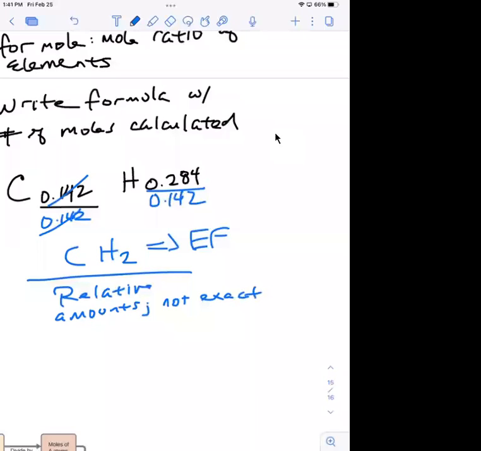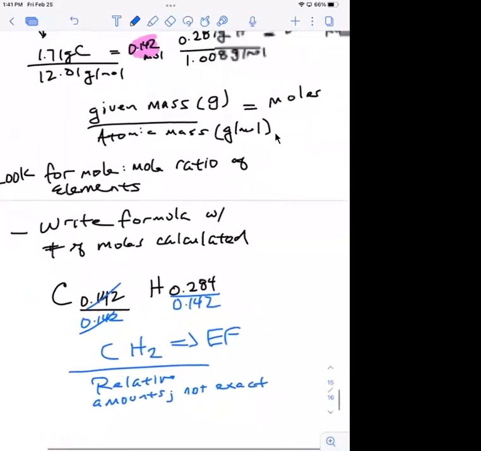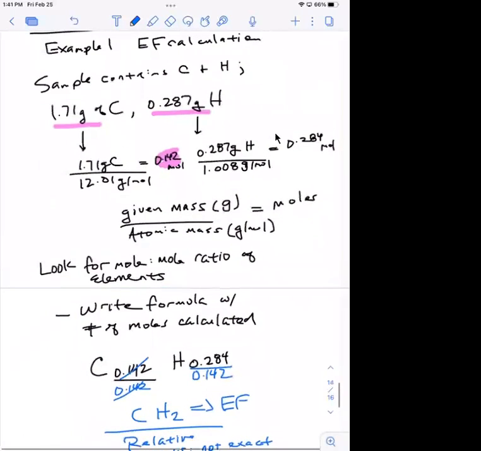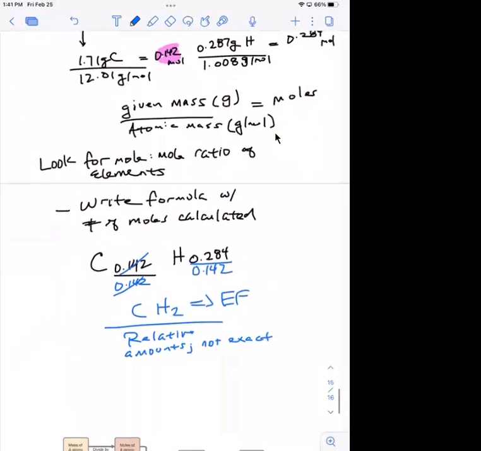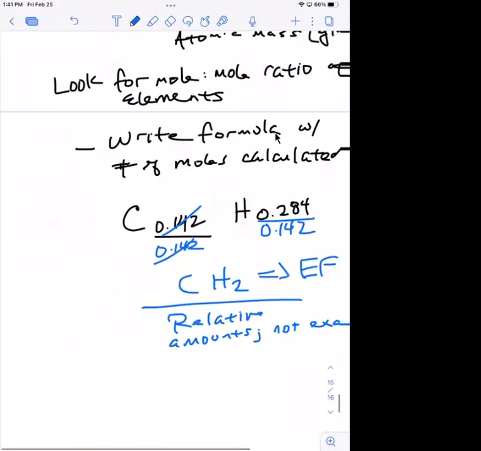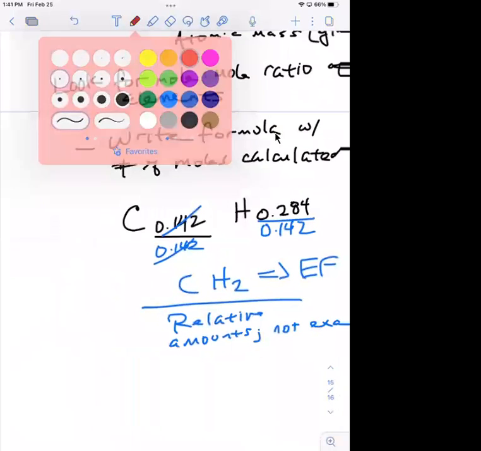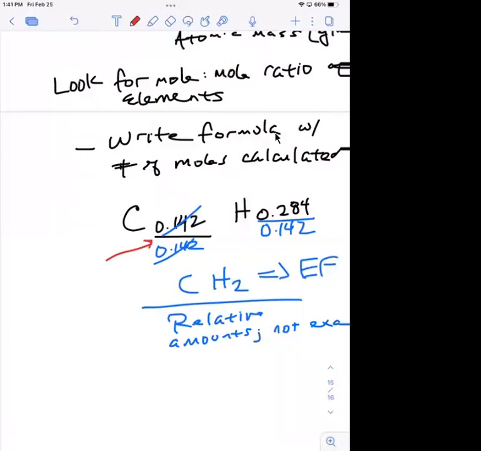All right, so again, let's go back through this real quick. We had the masses, we used the masses to find the moles, and then we plugged the moles into our formula and then divided by the smallest number of moles. I didn't write that down, but I'm going to write it here. So we're going to divide by the smallest number.